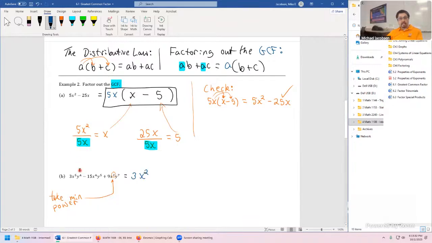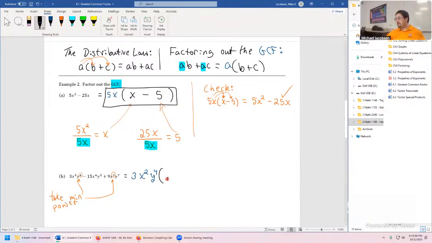Then we run through it all over again. Look at the factors involving y. There's a y power 4, y power 5, y power 7. We take the minimum power, y power 4 will do the job. So the greatest common factor is 3x squared, y power 4.